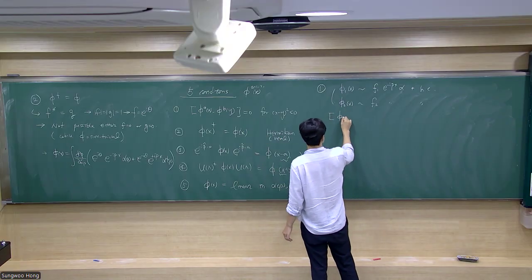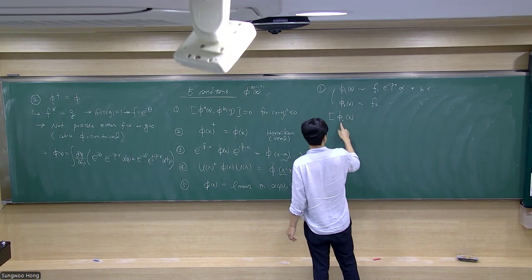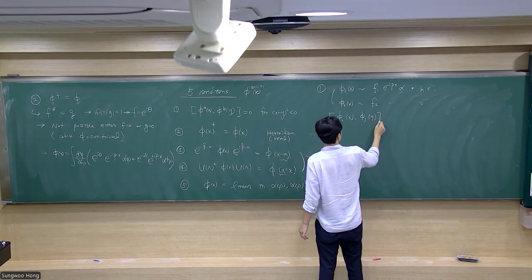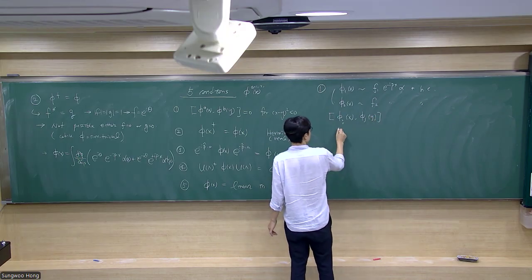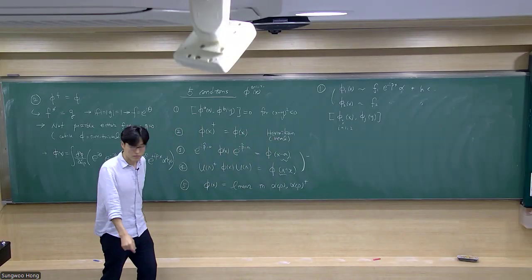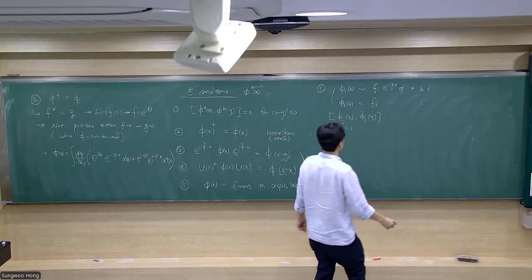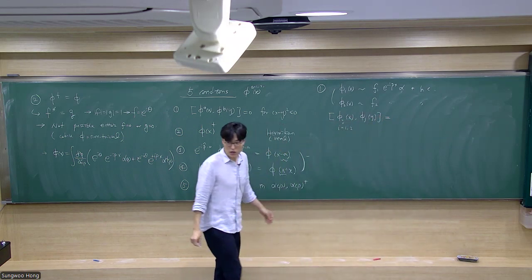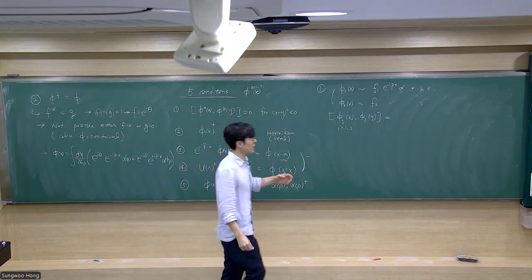I'm going to ask phi i of x, phi j of y, where obviously i means either one of two, and j means either one of two. I want to see whether this can be zero outside of the light cone. And what does that teach us?